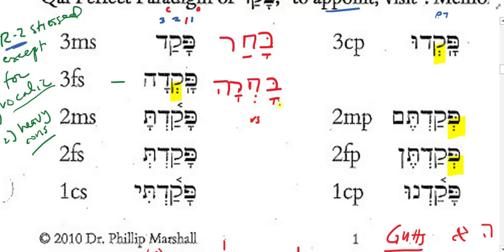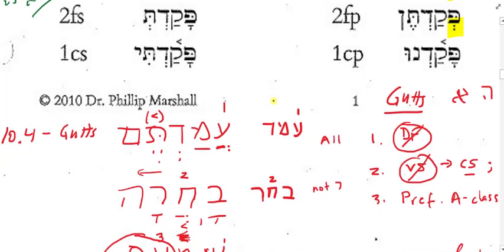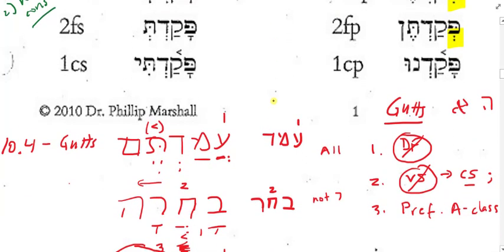Can I put a vocal sheva there under the chet? No. So I'm going to put a compound sheva instead. So I get bacharah like that. Okay? And again, that's all he's trying to help you see, is that these gutturals have predictable things that they do. And if you remember the guttural characteristics, then you won't be surprised by this. All right? So that's our form here.